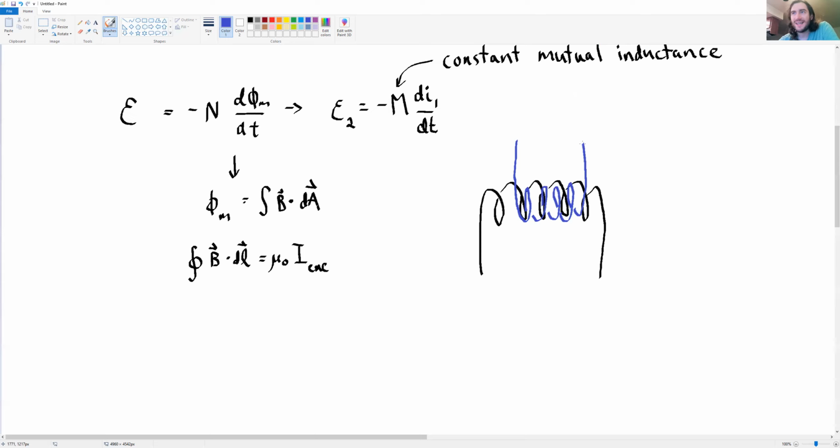Now we know inside of a solenoid that the magnetic field is very uniform. It's like a parallel plate capacitor's electric field.